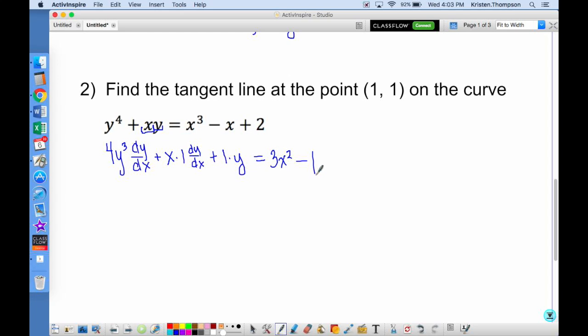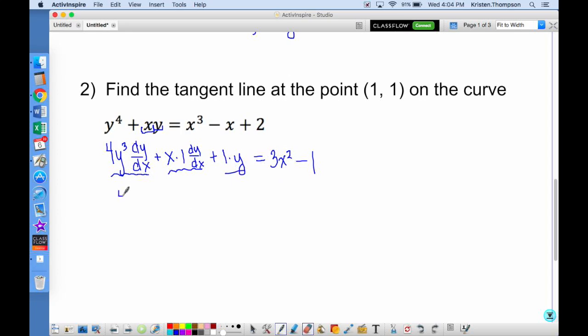For the next step, any term with a dy/dx gets moved to the left, and any term without a dy/dx gets moved to the right. So that means that I'm going to keep this term and move every other term, this one, to the right.